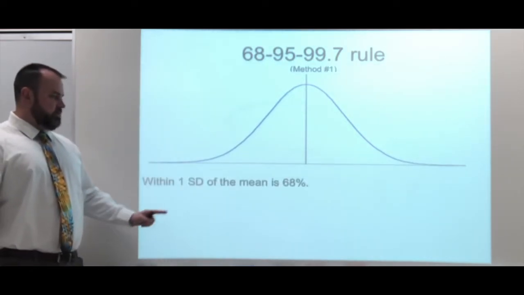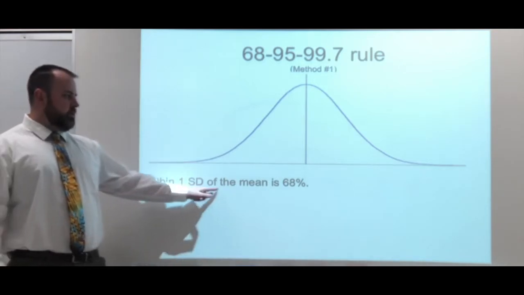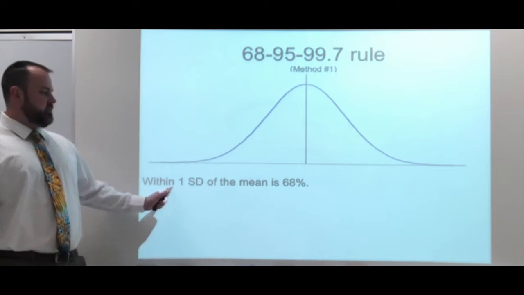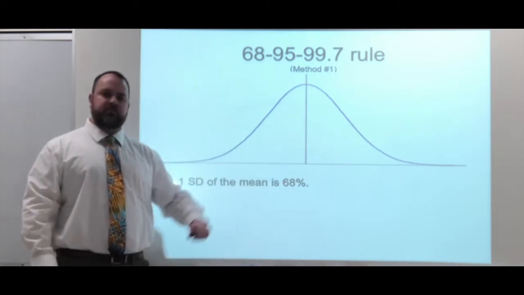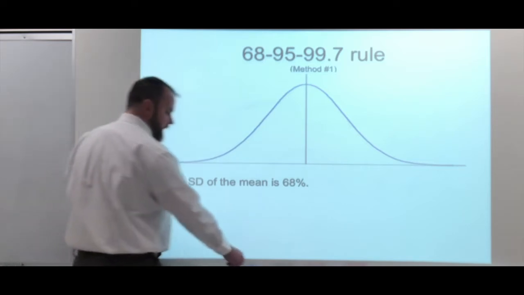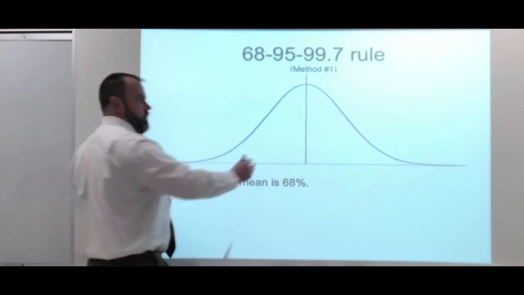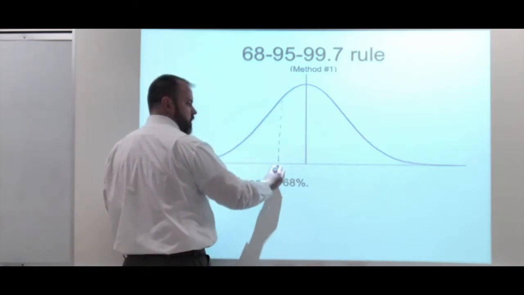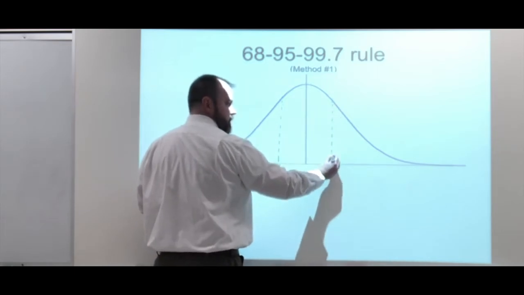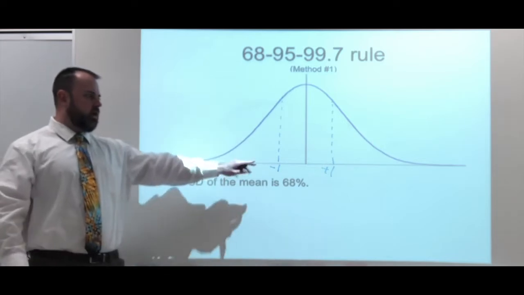Now what the rule says, within one standard deviation, which I abbreviate as SD, of the mean is 68%. What this means is 68% of our distribution is within that interval. So if we have our average in the center and we start going -1 standard deviation, +1 standard deviation, you have to kind of pretend those are symmetrical.